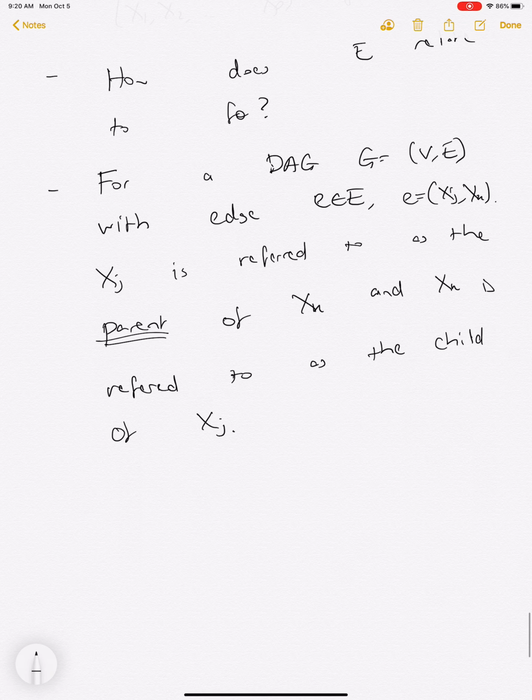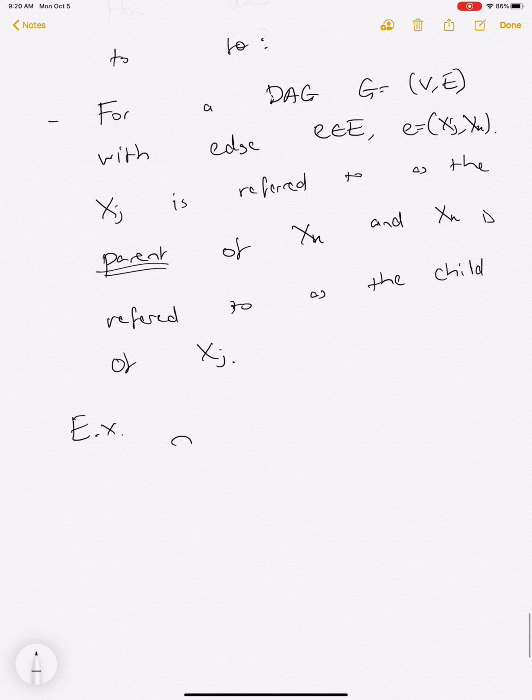So for example, we have that E here is equal to x1, x3, x2, x3.